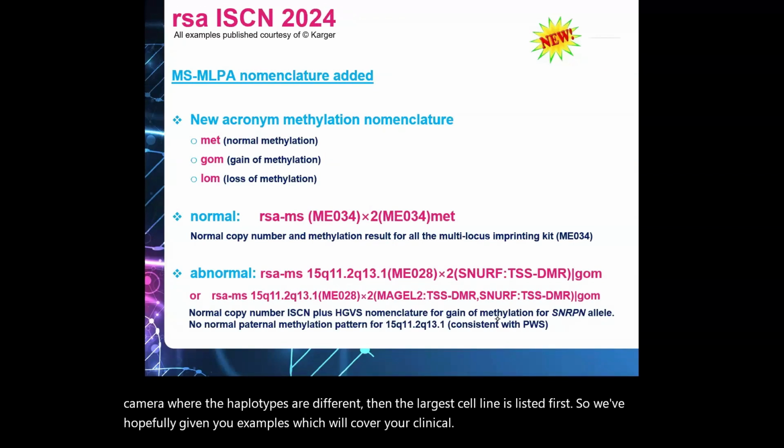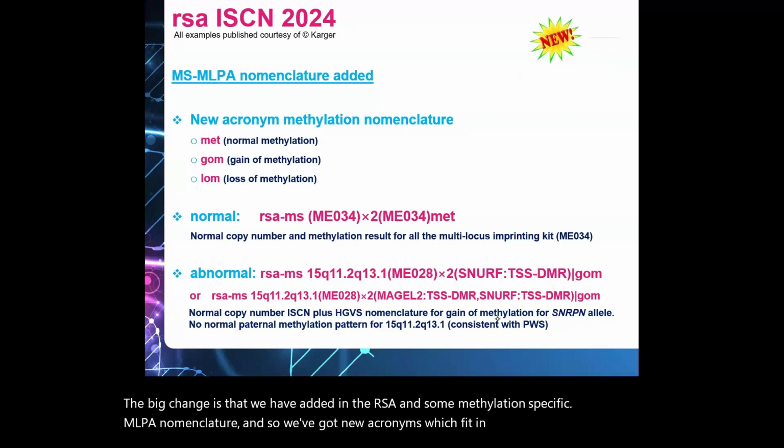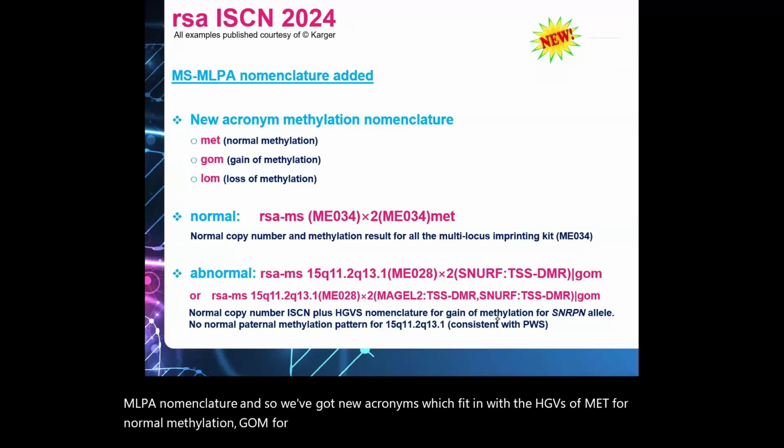The big change is that we have added in the RSA some methylation-specific MLPA nomenclature. And so we've got new acronyms which fit in with the HGVS of MET for normal methylation, GOM for gain of methylation, and LOM for loss of methylation.